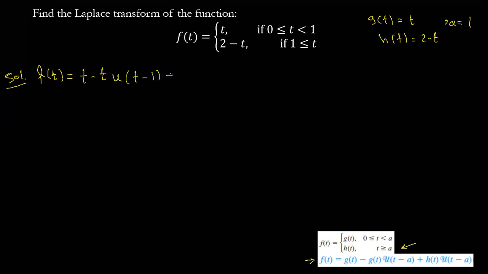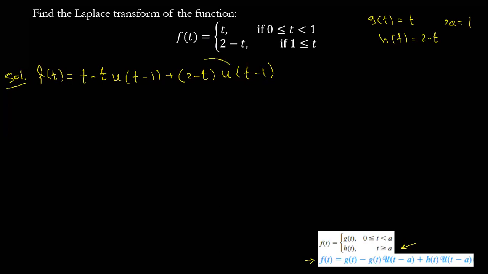Great. Plus 2 minus t, times u of t minus 1. Great. Thank you, Ahmed. Any question here? Is it clear how to change the form of your function from the piecewise form into a function using the unit step function? I think it's clear.